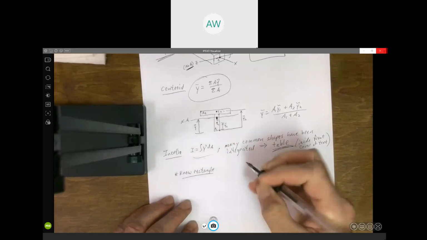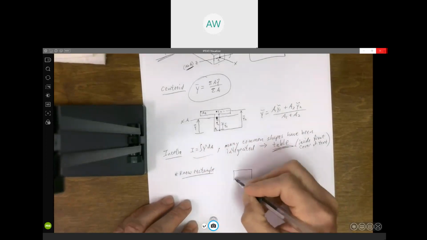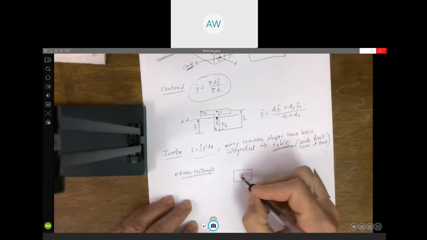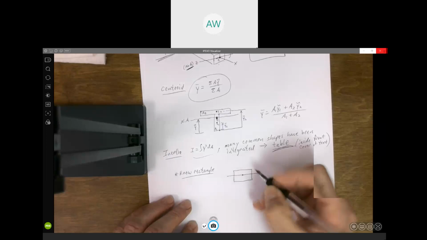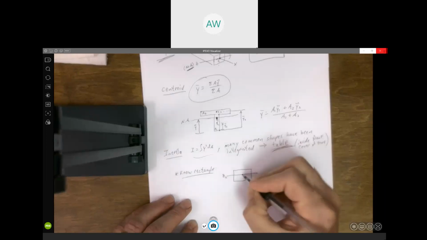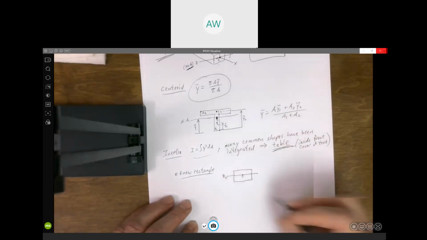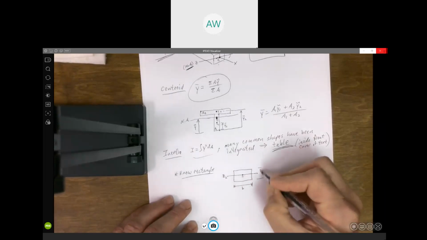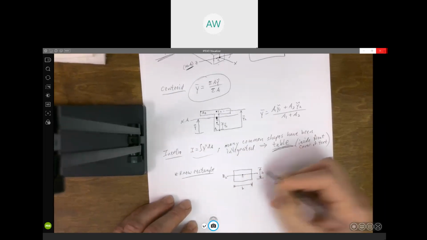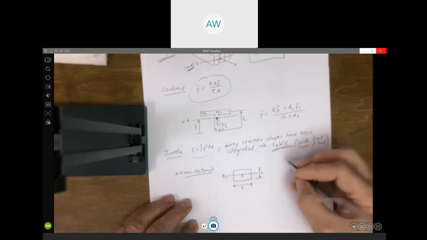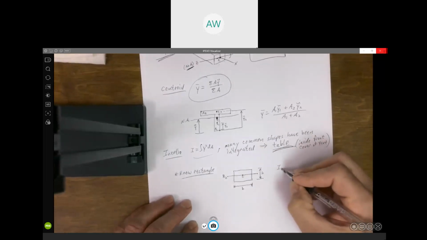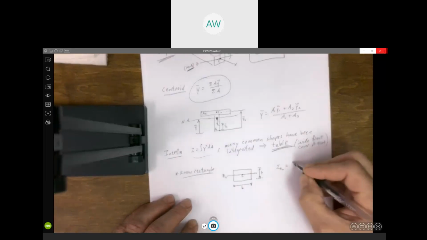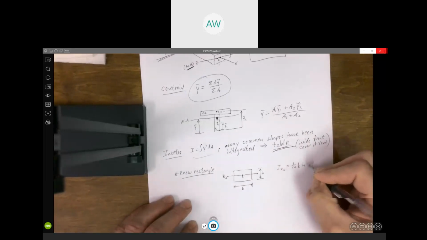So if you've got a rectangle, and we'll call the z-axis the one that goes through the centroid, and this rectangle has some width b and some height h. I expect you to know that the moment of inertia about that z-axis, the horizontal axis through the centroid, is 1/12 base times height cubed.